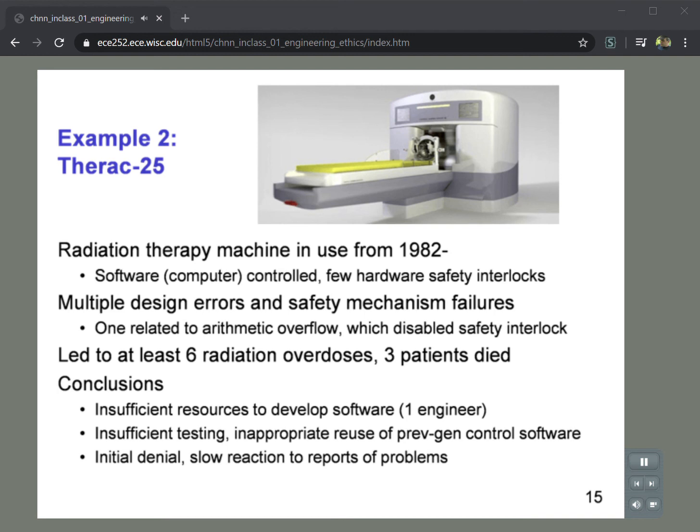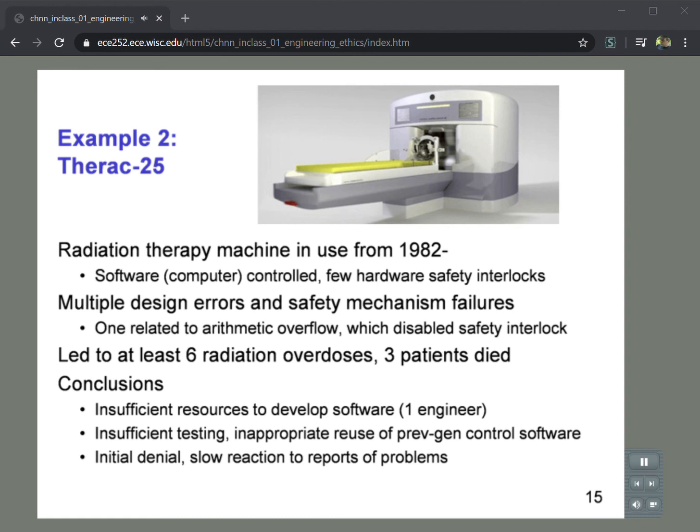Also, there were problems on the management front. Initially, the company denied any problems. They had reacted very slowly to reports of problems, and so many more patients were exposed to these problems before they were eventually fixed. So again, this is a concrete example of somebody writing software and making some very serious mistakes and not being very thoughtful, not being very thorough, not being very careful, and ultimately people died as a result of this carelessness.